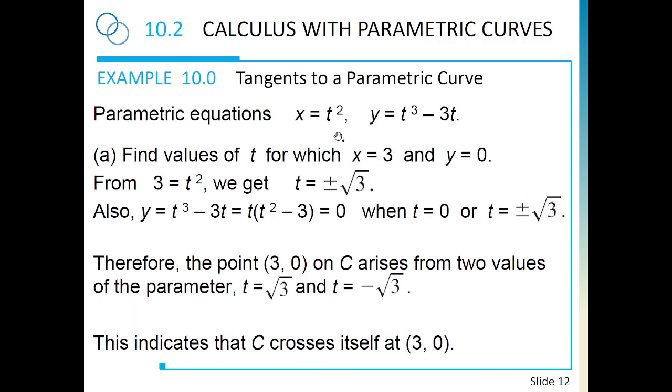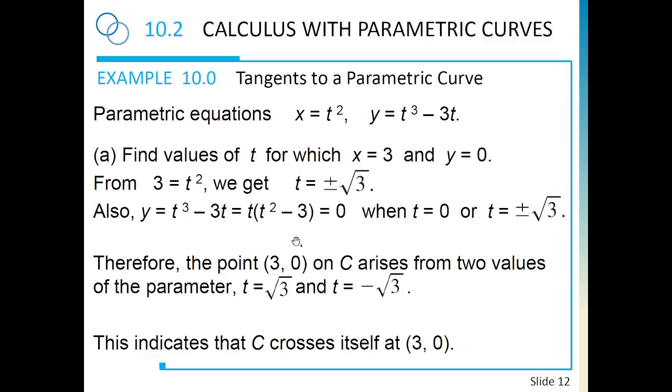So basically we need to solve the equation 3 equals t squared. So we get the first two options for t, and then we need to plug these values into the equation for y to see if y is equal to 0 at that time, because the point is (3, 0). So x needs to be 3 and y needs to be 0. And indeed it works.